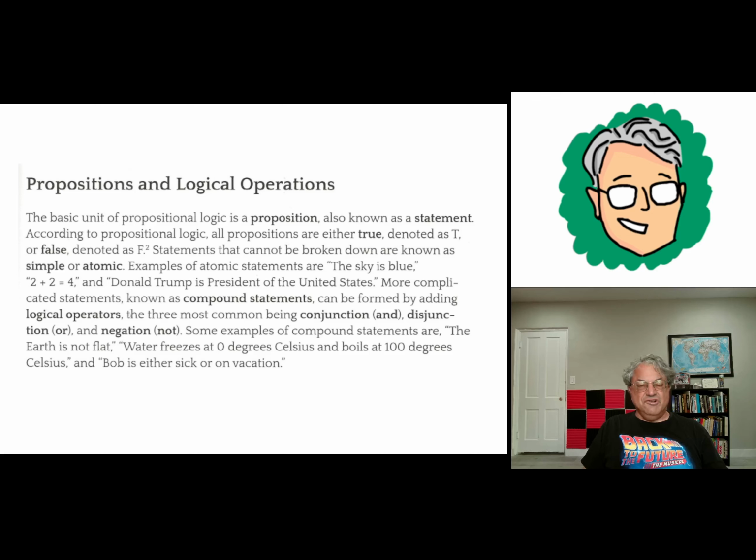That's a logical symbol for and. And is what's known as a conjunction. So we write S ∧ U to represent the compound statement: the sky is blue and 2 plus 2 equals 4.